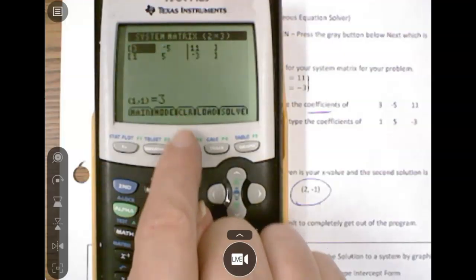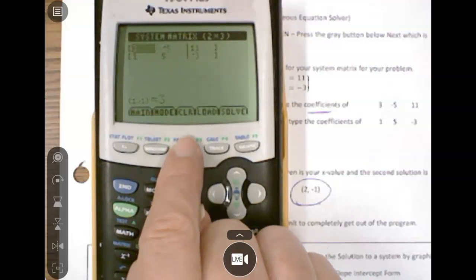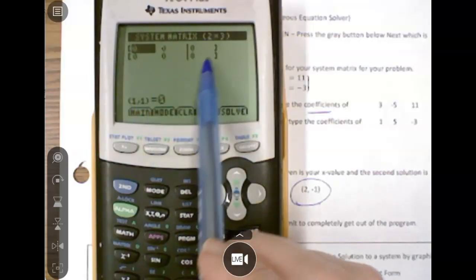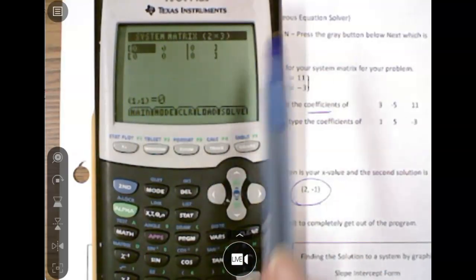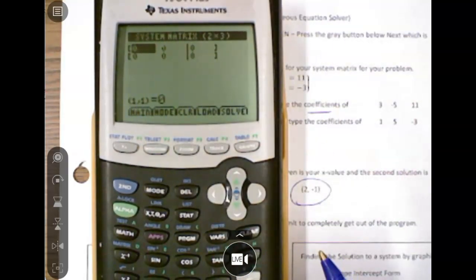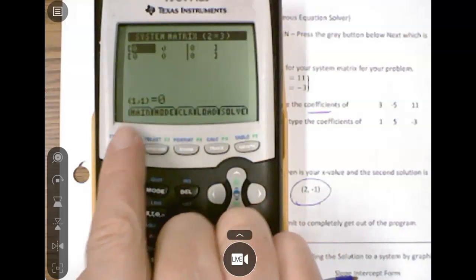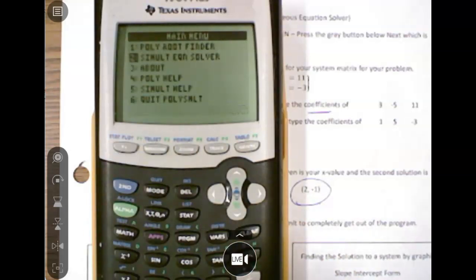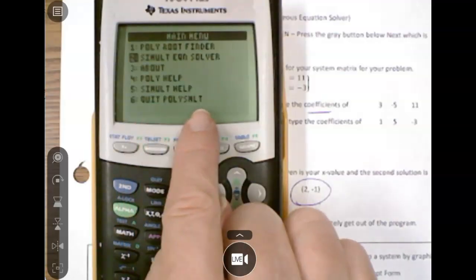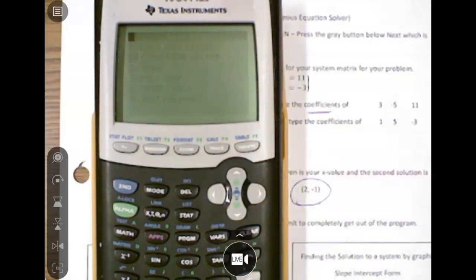So Clear is what you would press next. And if you see, all these turn back into zeros. But let's say you didn't solve for your system correctly yet and you want to get out of here. We don't want to just push random buttons. You want to press Main. And what do we want to do? We want to quit. Number 6.